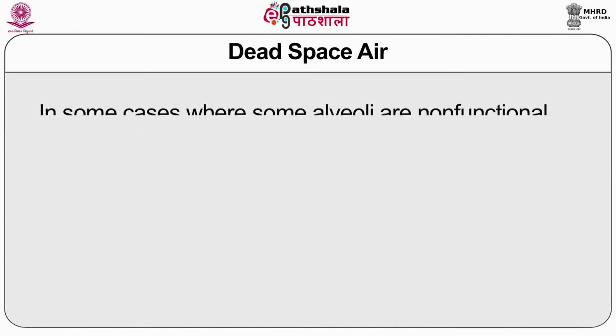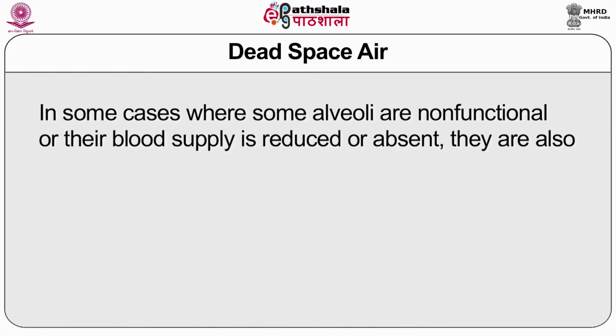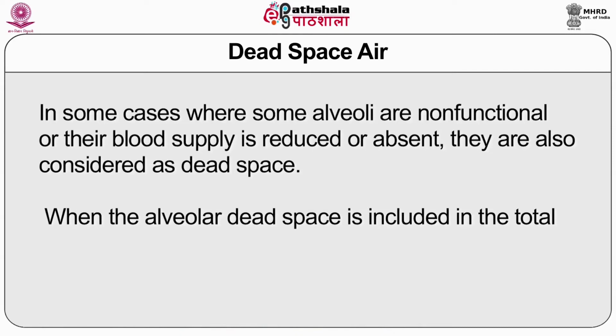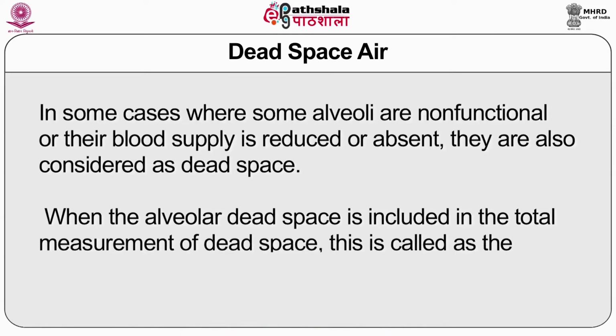In some cases where some alveoli are non-functional or their blood supply is reduced or absent, they are also considered as dead space. When the alveolar dead space is included in the total measurement of dead space, this is called physiological dead space.